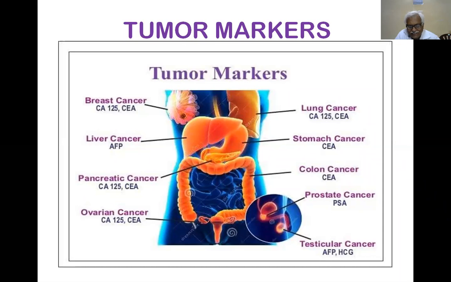Prostatic enlargement may also lead to overflow incontinence, which means once the bladder is full, he cannot retain the urine, and while walking to the bathroom, the urine will be dribbling. So these are all the problems of men after 60, 70 years suffering with benign prostatic enlargement and prostate cancer. Testicular cancer is another one that is followed by AFP and HCG.